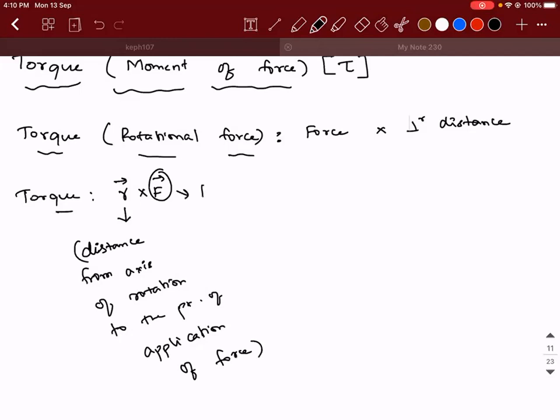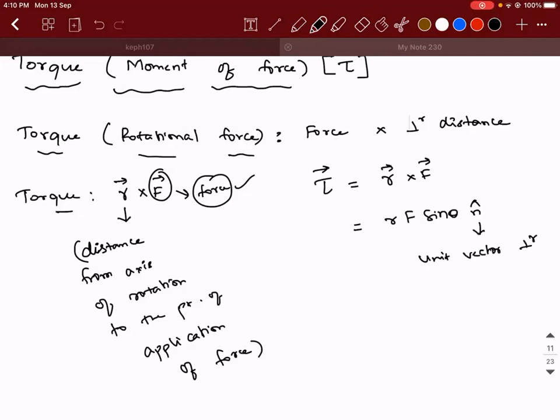And this F vector stands for force. Please write it down. R vector cross F vector is the mathematical expression for torque. It is not F vector cross R, it is R vector cross F. It is also defined as r F sine theta times n cap, where n cap is a unit vector perpendicular to both R vector and F vector.